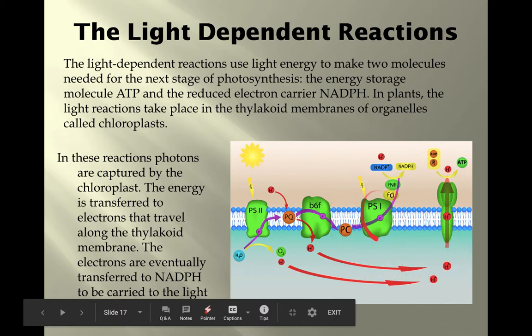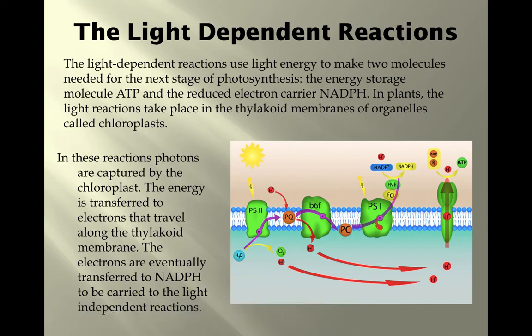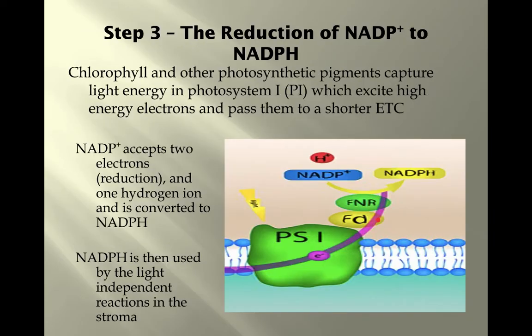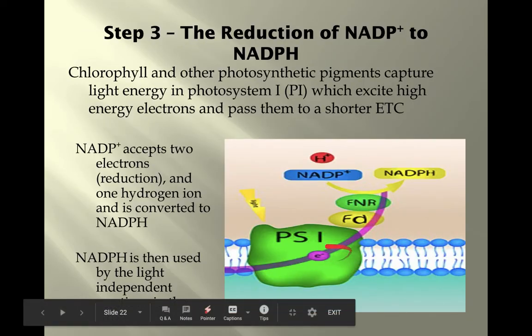Here's where we are right now. The electrons have been passed here. Remember, they've lost all their energy and they're back at a low energy state. In photosystem 1, light energy again is used to excite the electrons and bring them to a higher energy level. Then they are passed, and we're not going to worry about these enzymes here.